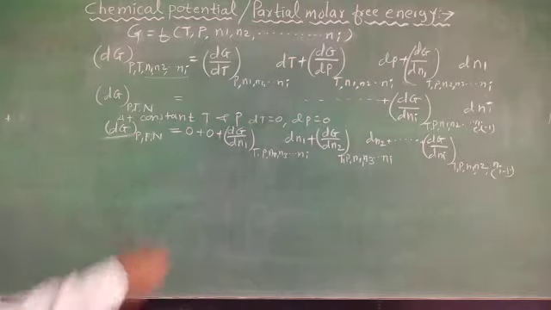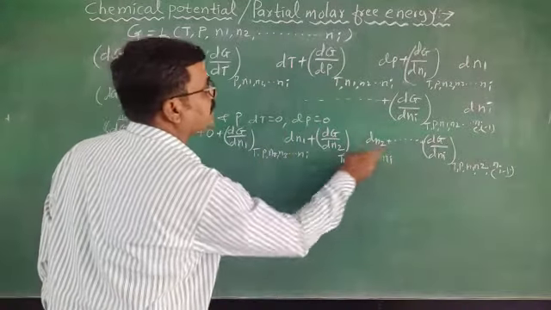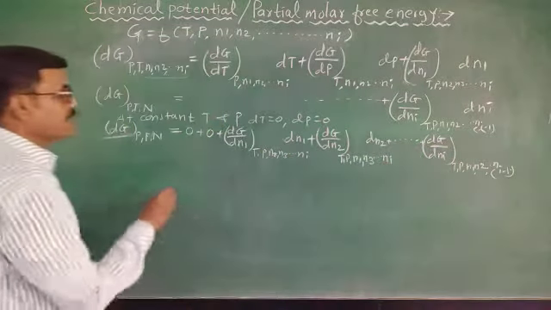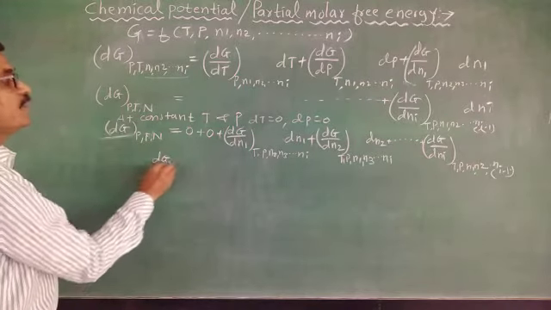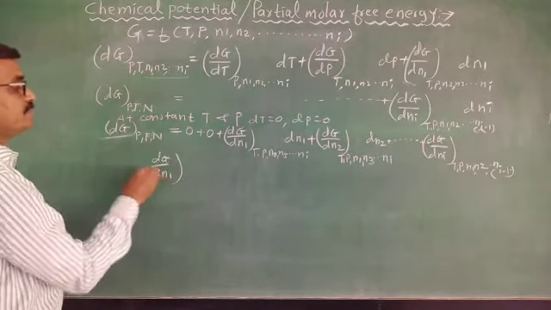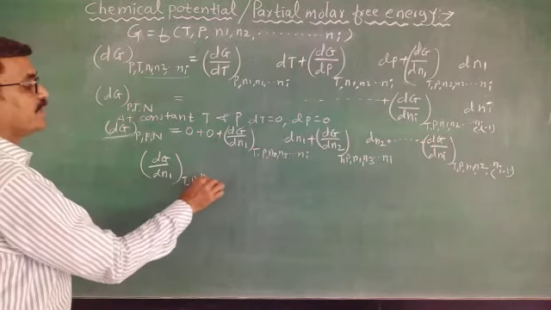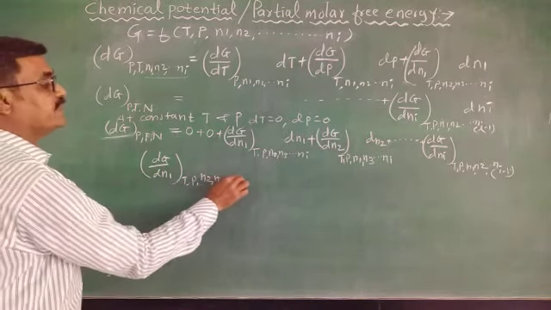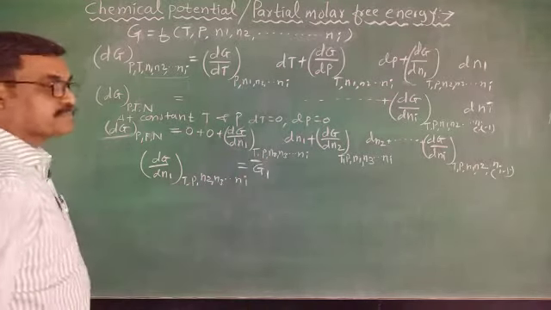Now this partial molar free energy means these terms on the right hand side, they are represented as follows. Let me assume this is the first term, dG upon dn1 at constant temperature, pressure, n2, n3, up to ni. It is referred to as G1 bar.